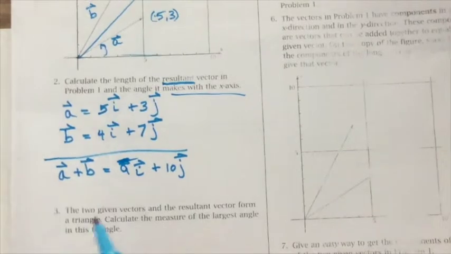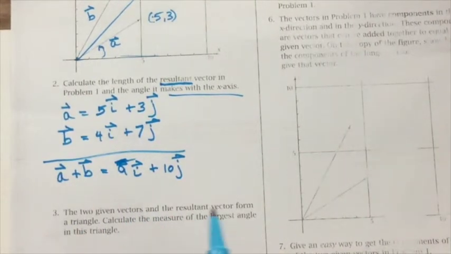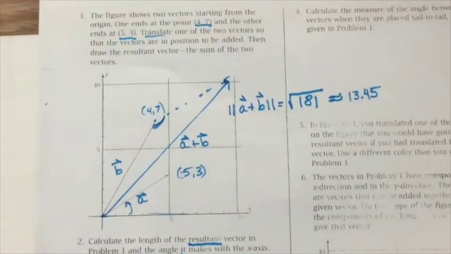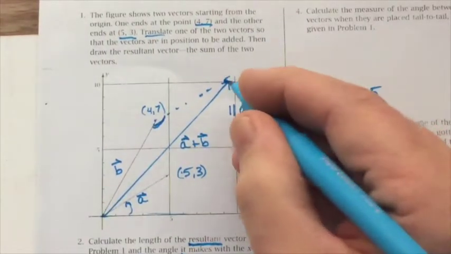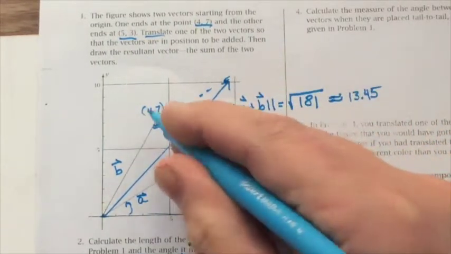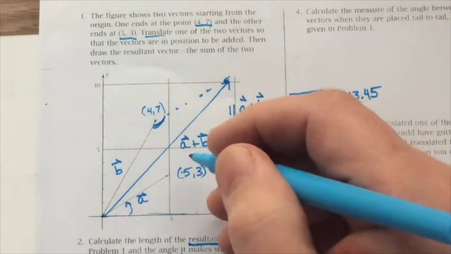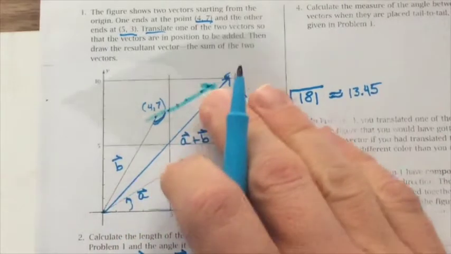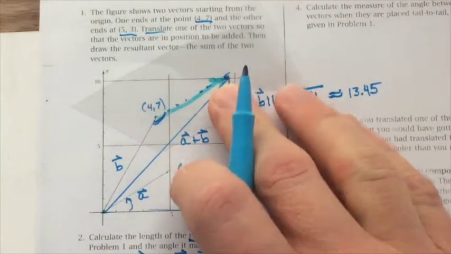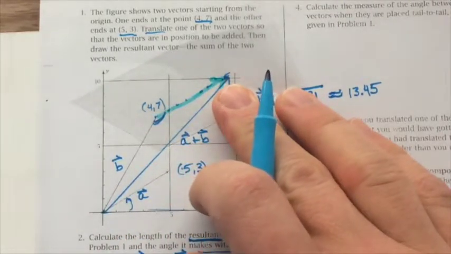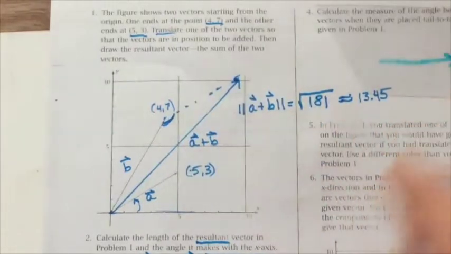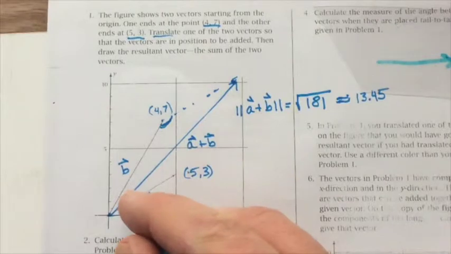So then it says the 2 given vectors and the resultant vector form a triangle. So they're not talking about the points at the end, here, here, and here. They're actually referring to the process of using the definition as opposed to the components, adding the components together. So then that would be this one here? Yeah. Okay.